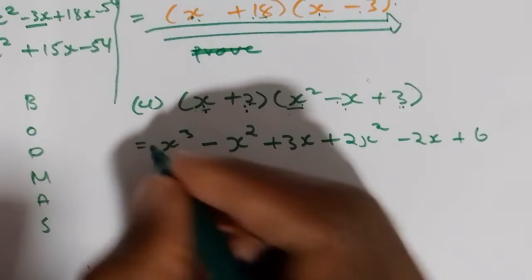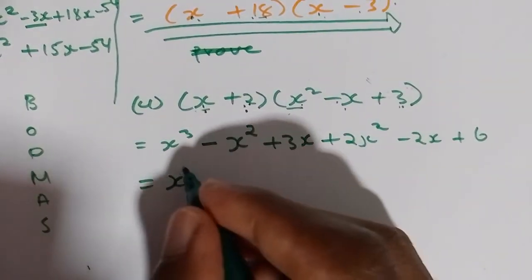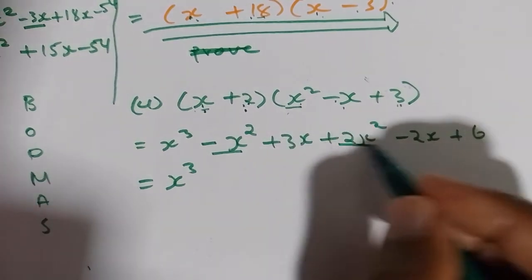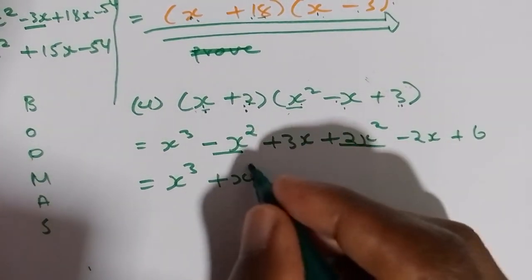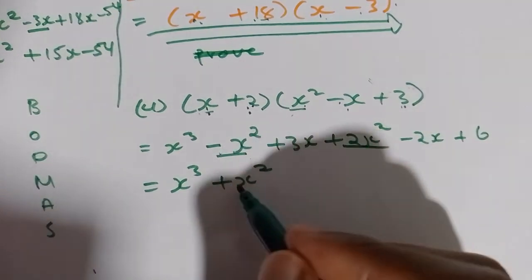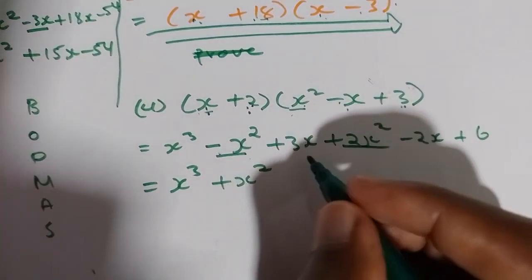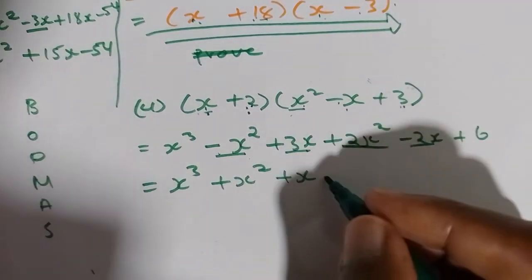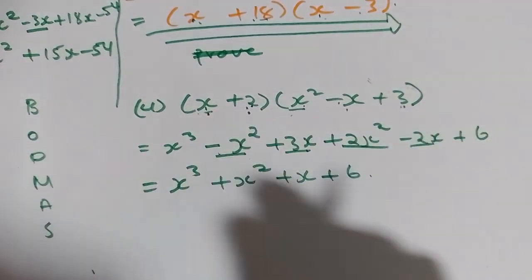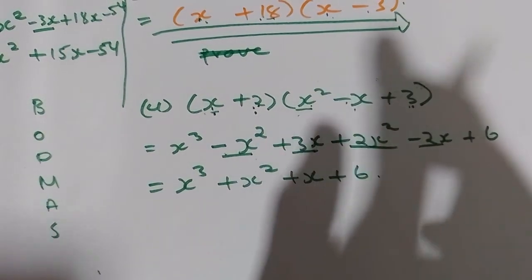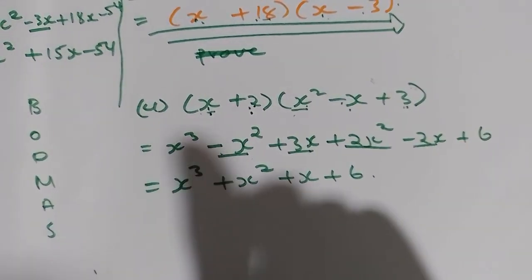There. Then x to the power 3 is x to the power 3, doesn't change. Minus and plus, I'm going to have plus x squared because 2x squared minus x squared is going to be x squared. And then 3x minus 2x is going to be plus x, plus 6. Therefore, you have dealt with or simplified your question, right?